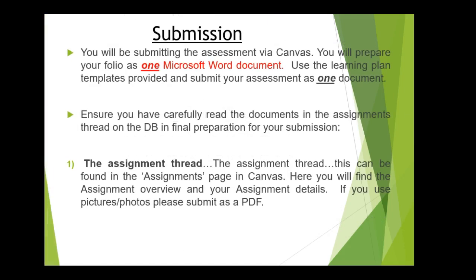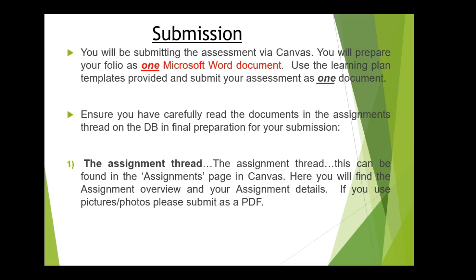So are there any other information? You're going to be submitting the assessment via Canvas, which you've done for your previous 2. You're going to prepare your folio as one Microsoft Word document. So that's really important. If you use your templates that have been provided, you'll ensure that you're doing that. You can use your bullet points, your headings, you can use images.